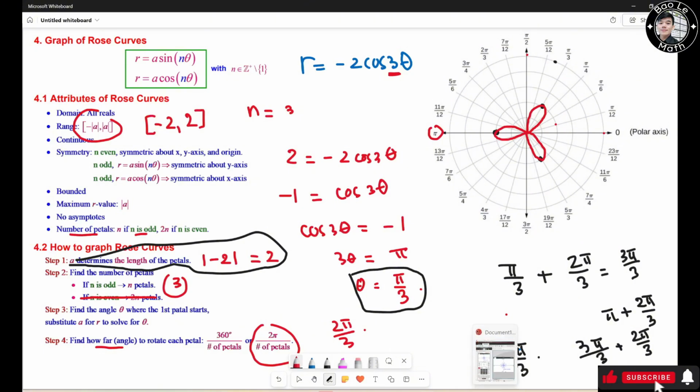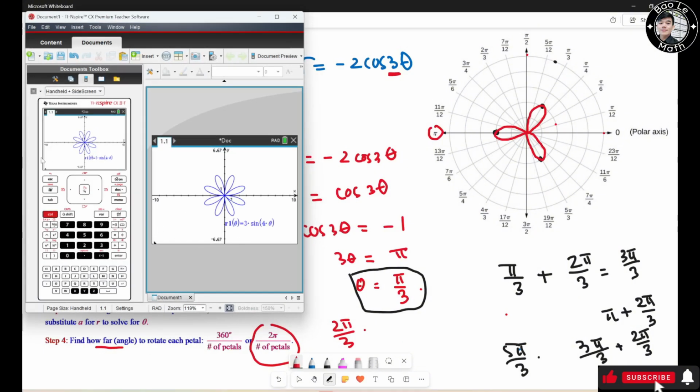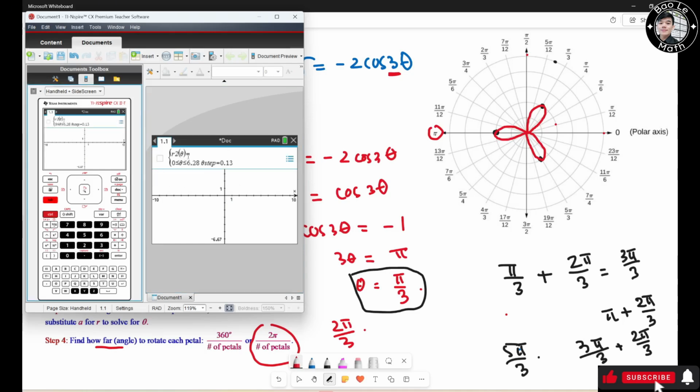Now we can use the calculator to do this one. So we just hit tab, and then we just erase this one. So we hit 3 lines right here. Alright, we uncheck this one. Alright, it's gone. Now we hit tab again. We have the second one right here. So we hit negative 2 cosine 3 theta.